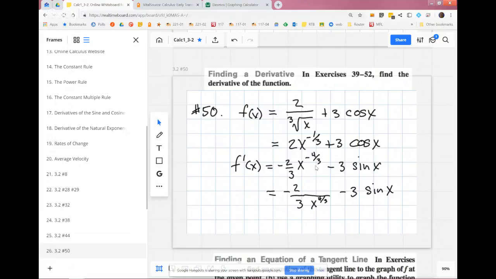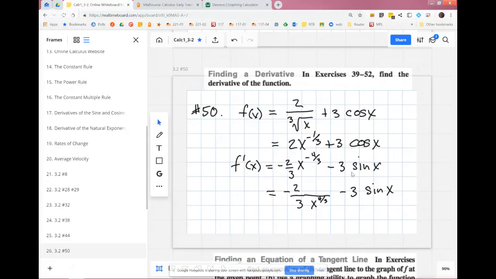Negative 1/3 minus 1 is negative 1 1/3, which is negative 4/3. What's the derivative of the cosine? Minus the sine. So this becomes minus 3 sine x. And then just rewriting it so we have positive exponents.